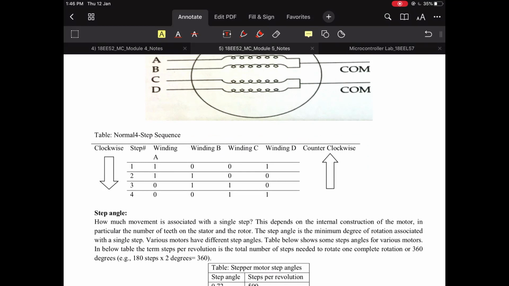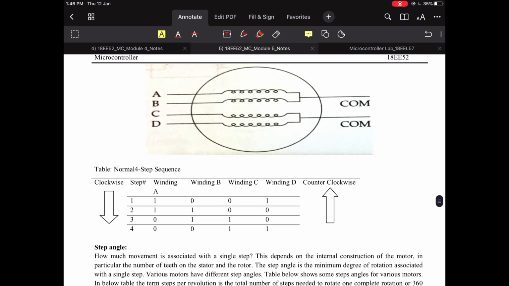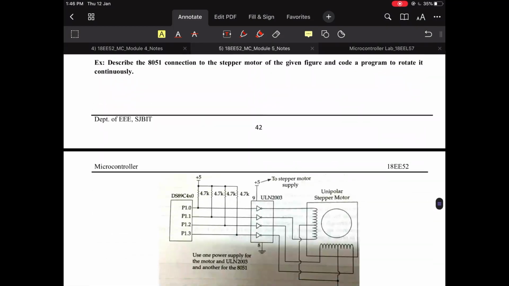Either you can energize 1 coil at a time, or you can energize 2 coils together. In this example, A and B are on a common point, and C and D are on a common point, and the coils should be energized in combinations.